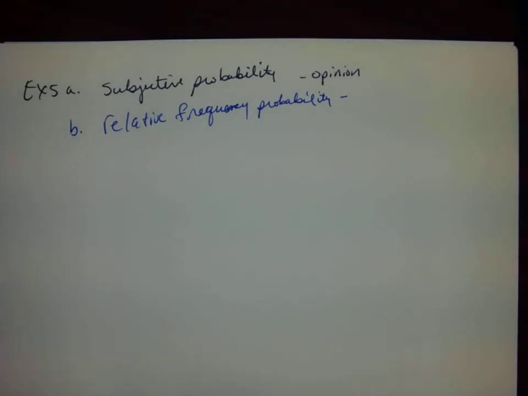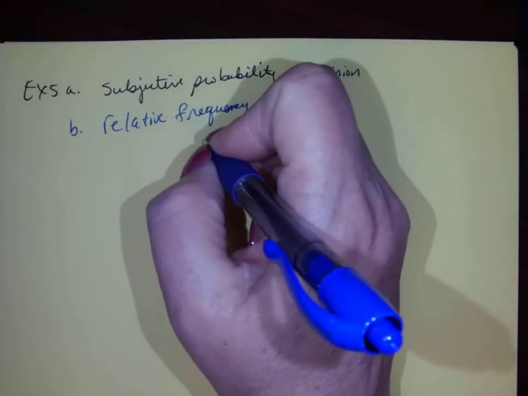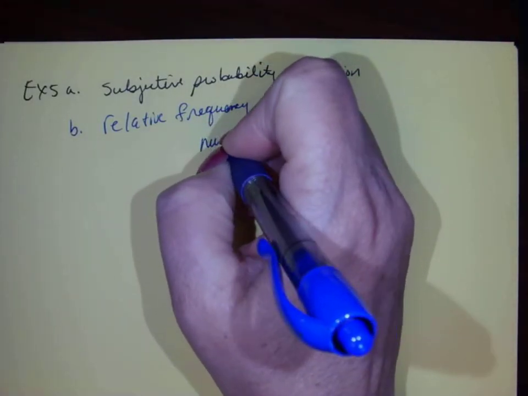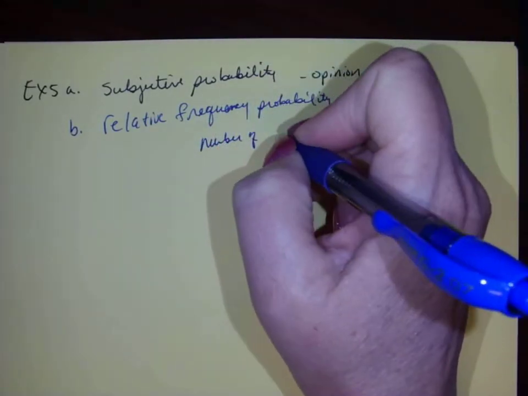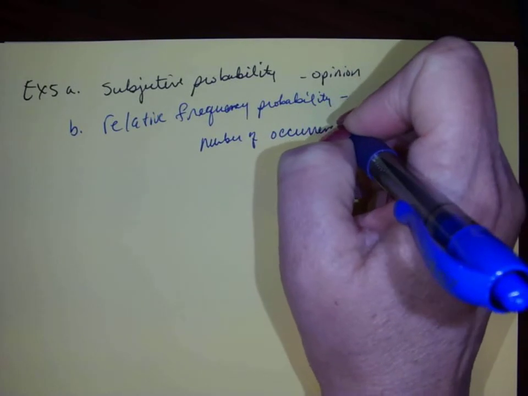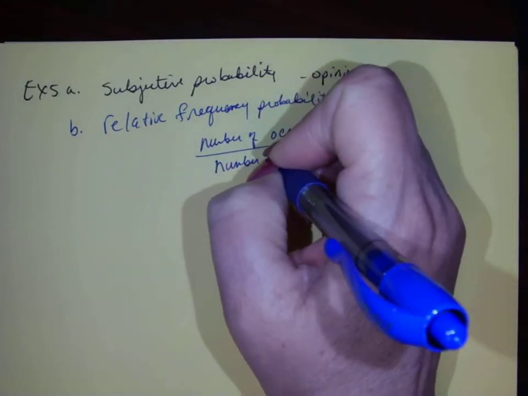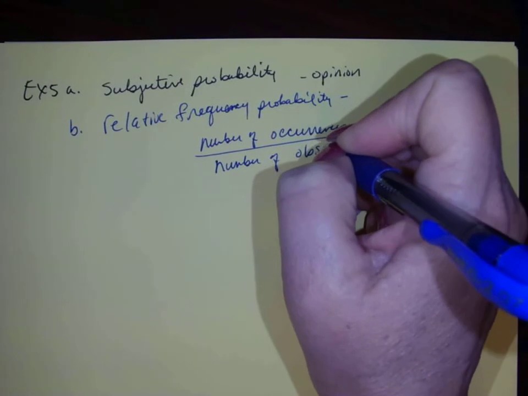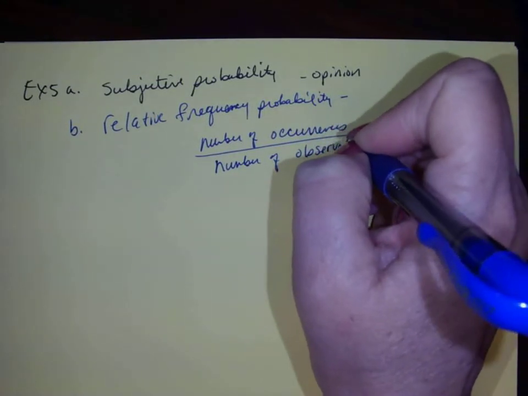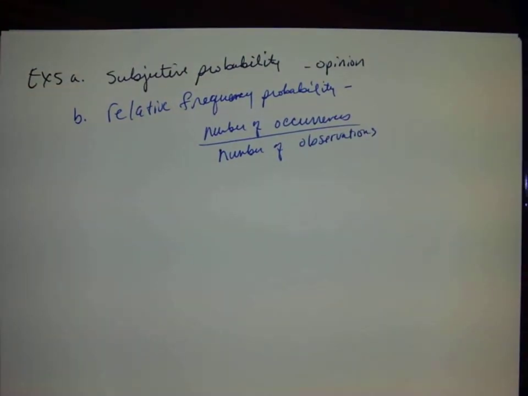We haven't done an experiment. These are observations, right? So this one is number of occurrences out of the number of observations. Because people moving is an observation, it's not an experiment.